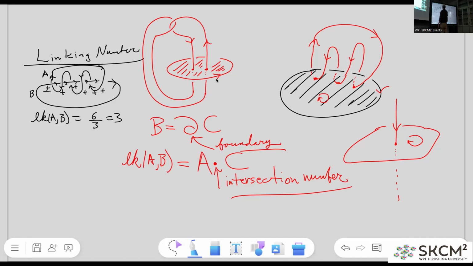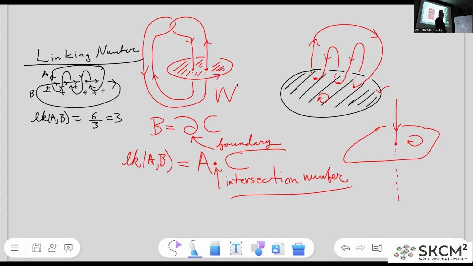That's the way it was. Right, there's the Whitehead link. And you see, looking at the Whitehead link that way, you see immediately, oh yes, the linking number is 0 because there's a piercing up and there's another piercing down. And it adds up to 0.